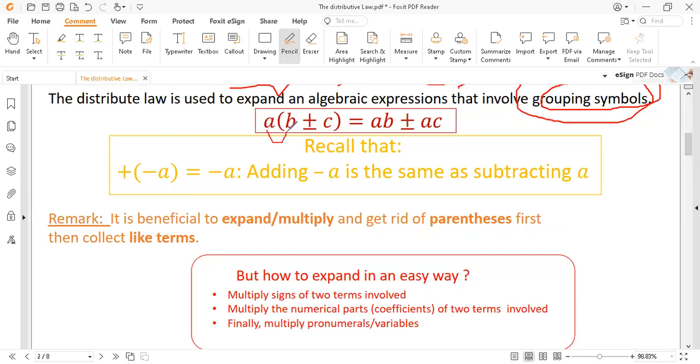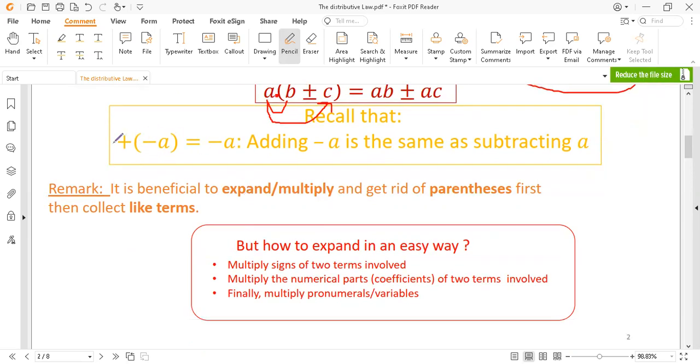A times B, multiplication, plus or minus, again A times C. Normally, A should multiply all the terms inside the parentheses or the grouping symbols. We should also know that when we multiply different signs, we obtain a minus, and if we multiply the same signs, we obtain a plus.